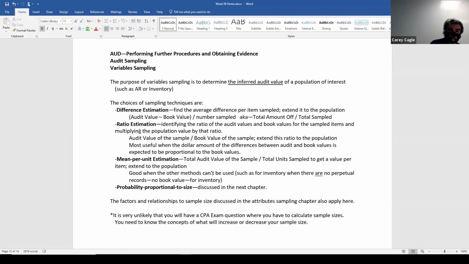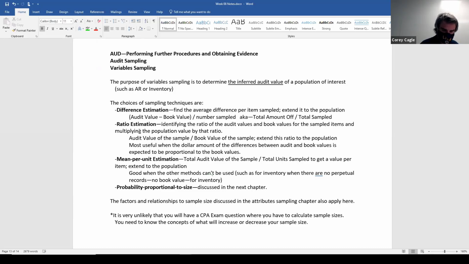It's unlikely they'll have a CPA exam question where you have to calculate sample sizes. They used to have sections where we did sample size calculations for all these four things here. It's horrible. Really what you need to know is the concepts of what will increase or decrease your sample size. We already talked about all that. So I think we're fine with that.